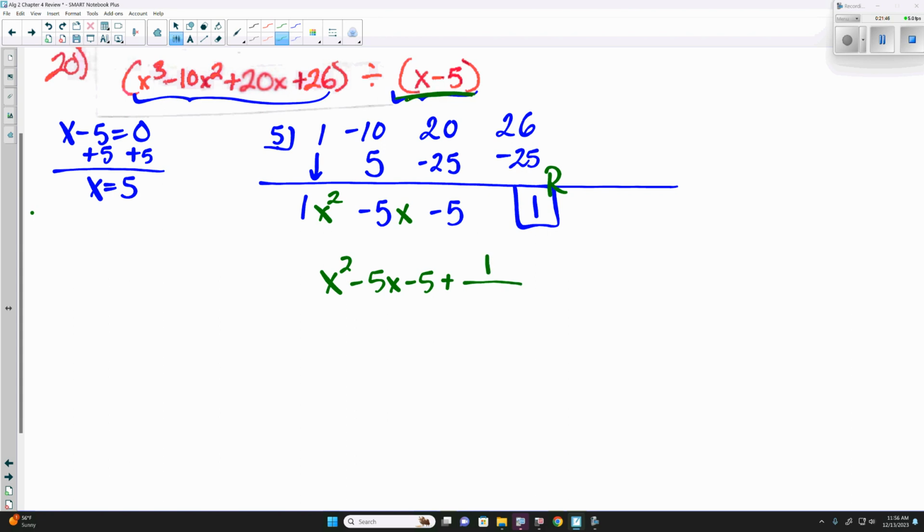We come back to the top, and we were dividing by x minus 5. So x squared minus 5x minus 5 plus 1 over x minus 5 is our final answer. Questions on this here?